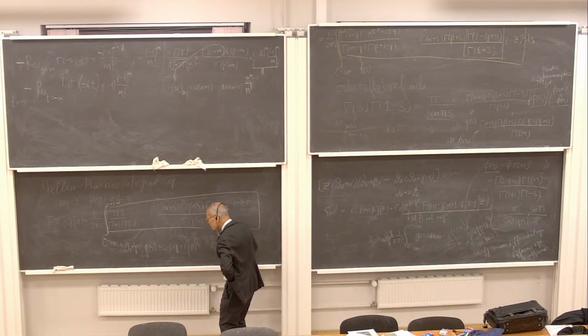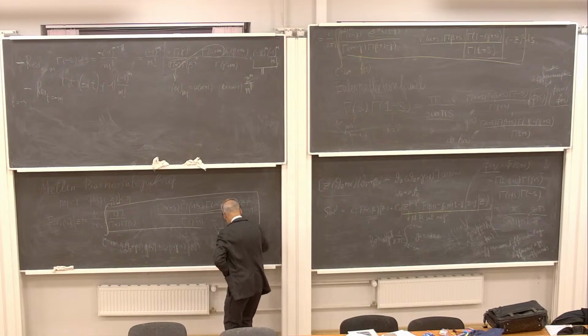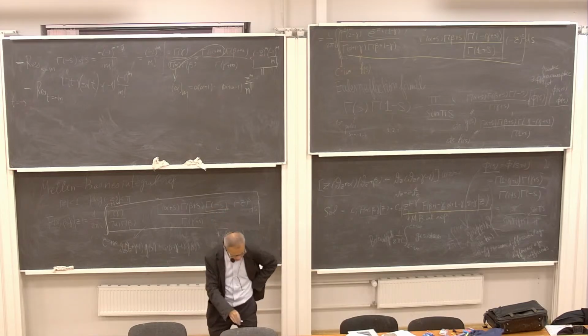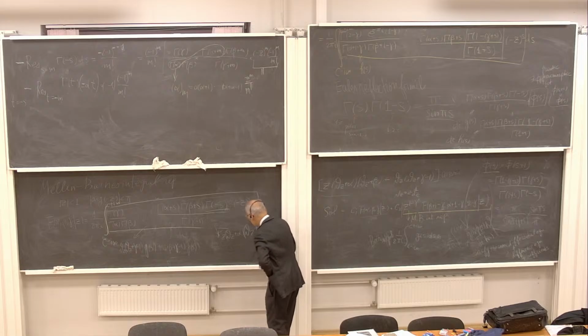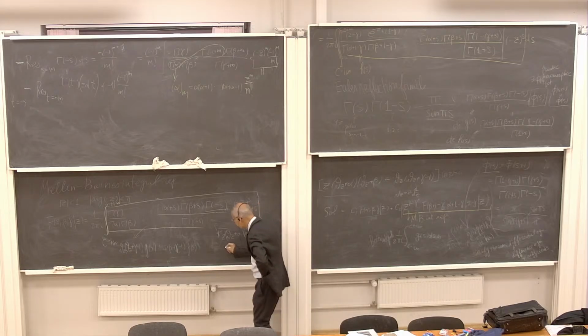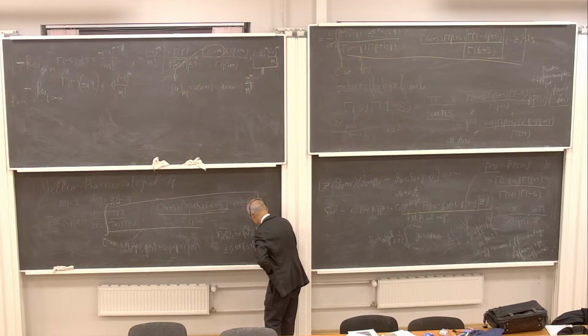If I apply this operator, theta z plus beta, then I will have z times (s plus alpha) times (s plus beta) times G(s).